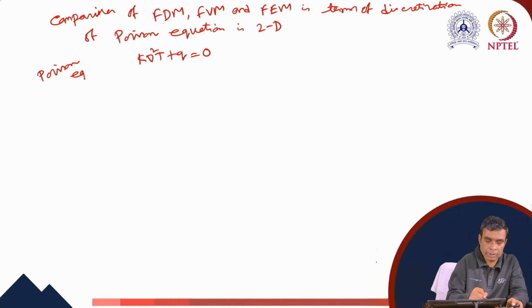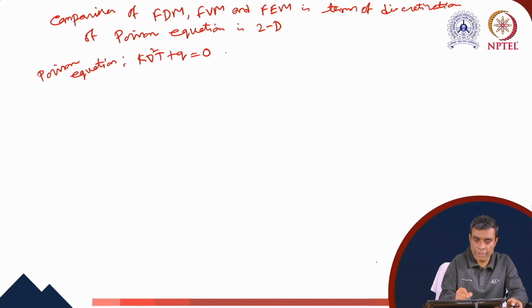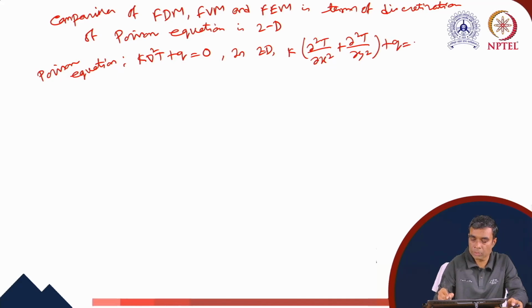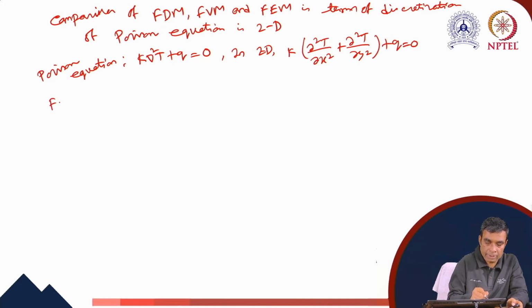This is the Poisson equation of heat conduction, where T is the degree of freedom. In 2D, this equation becomes K del 2T del x2 plus del 2T del y2 plus Q equals to 0. Let us first discuss the finite difference discretization.